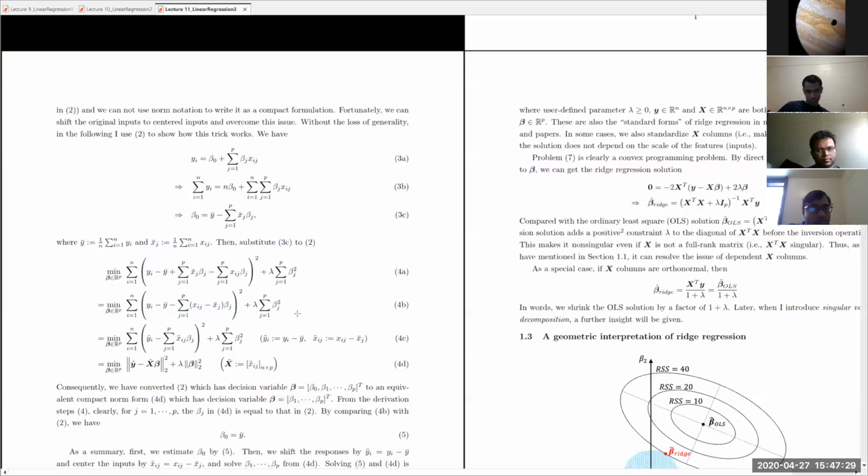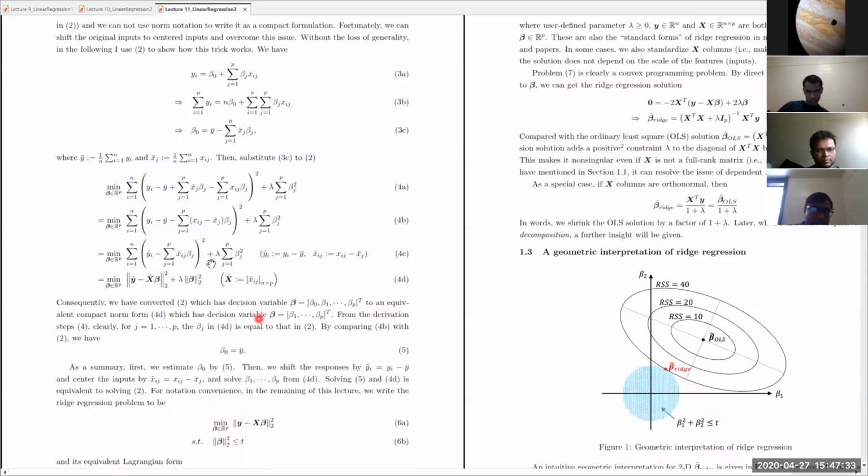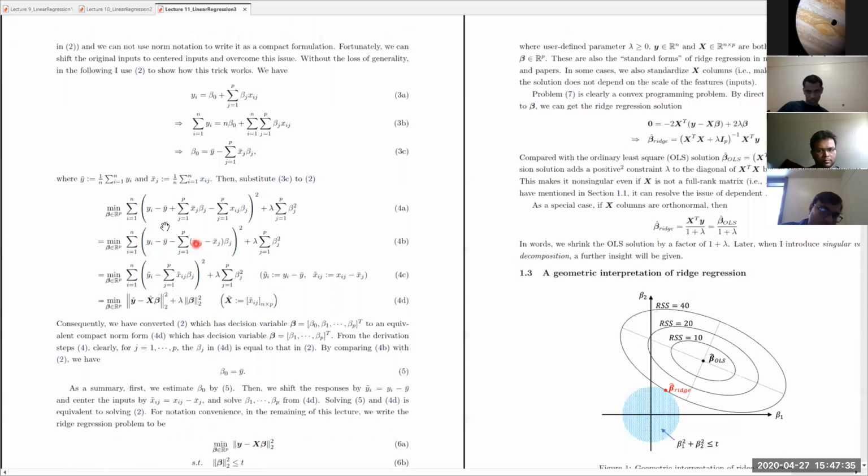In this system, I actually only need beta 0 equal to y bar. Why? Have a look at this formulation. See it? This is the beta 0 item, and this is the beta item. So by shifting it, I can claim this is the beta 0.